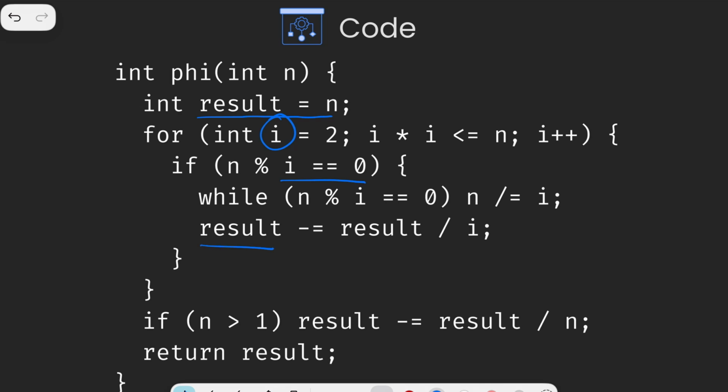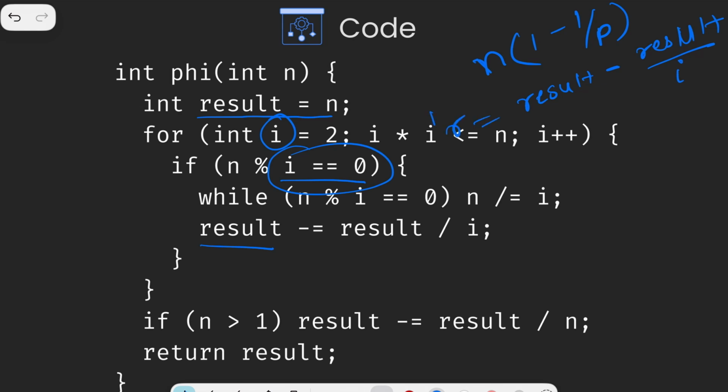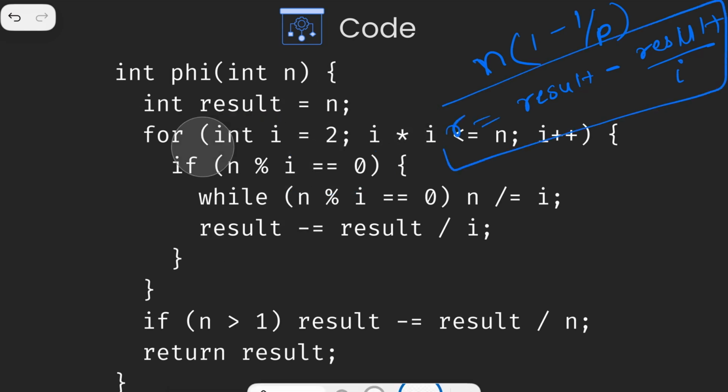How will we update that? Remember, answer is n into 1 minus 1 by p. Here i is a prime factor. So result will be updated as result minus result by i. Right? And this is how result will be updated. That's what we have written here.